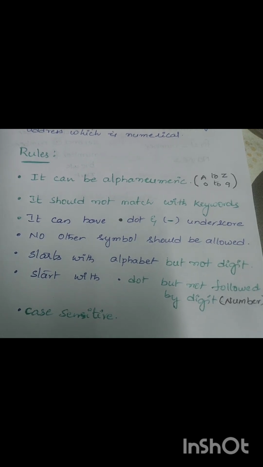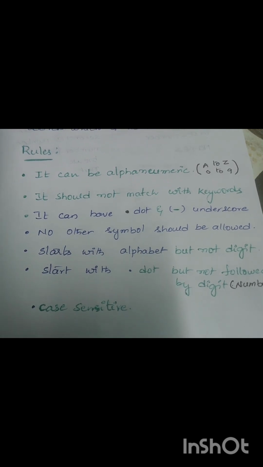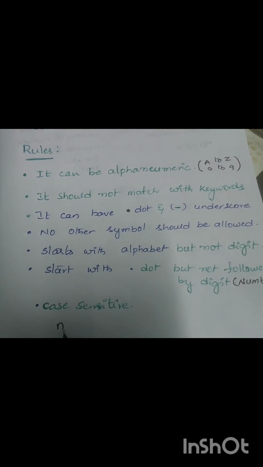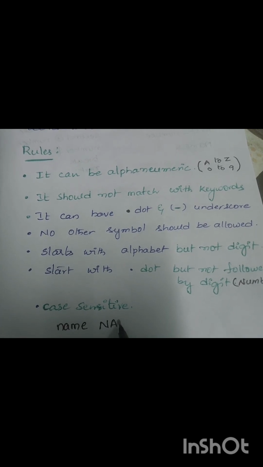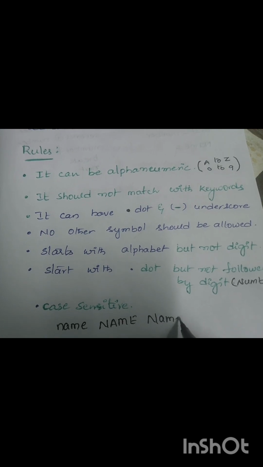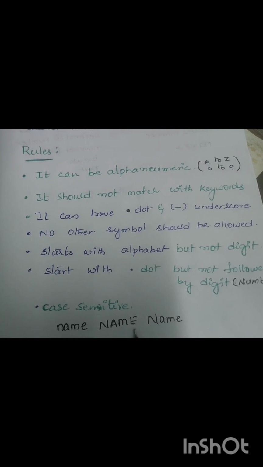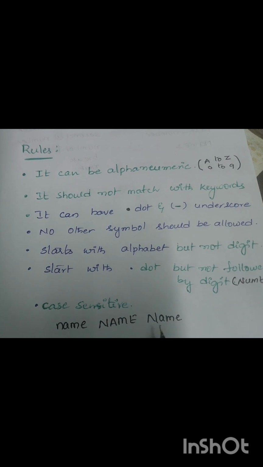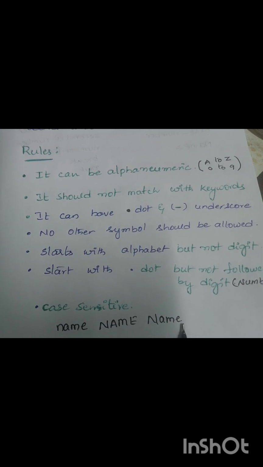We know the uppercase and lowercase alphabets, so it should be case sensitive. See here, these are the things: all lowercase alphabets, all uppercase alphabets, and the starting letter uppercase with all the remaining lowercase.